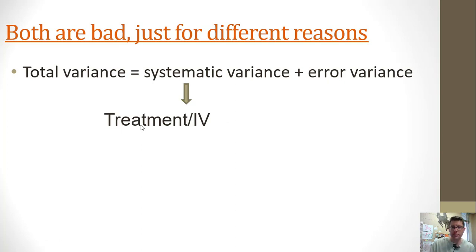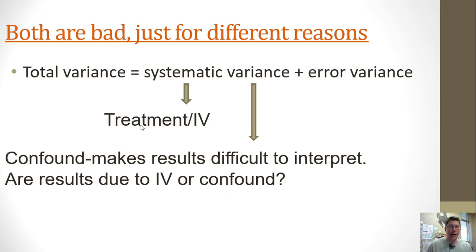The problem is that if we've got problems like two different teachers teaching the two classes, we have a potential confound because those two teachers offer another explanation for systematic variance and a reason for why the two classes differ in their exam performance. It's a potential confound.